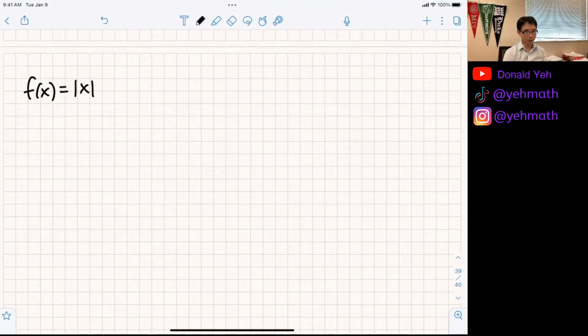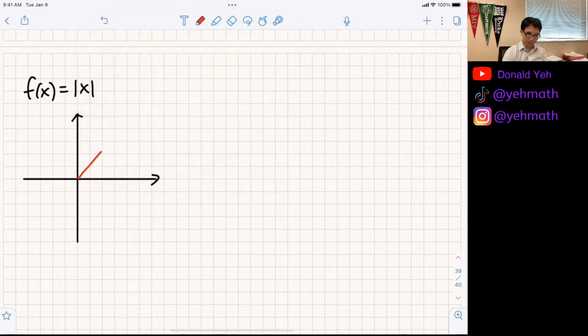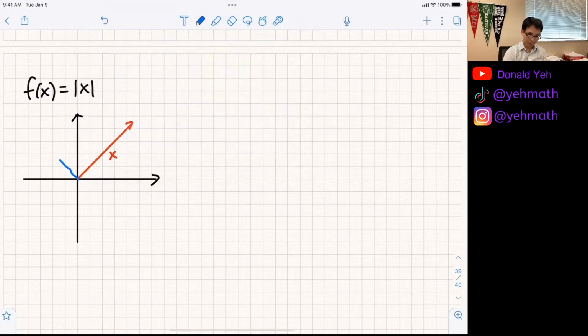Okay, absolute value x. Obviously, absolute value x has a graph that looks like this. And what I will say is this one is x. And there's a blue part of the graph. This is a negative x.